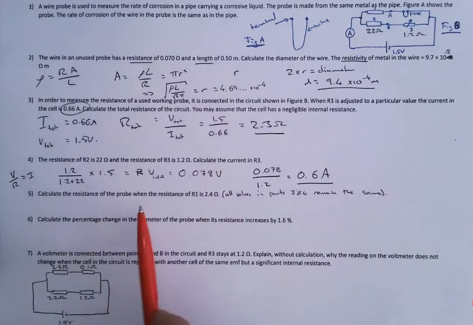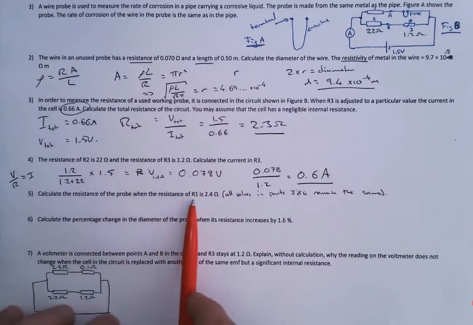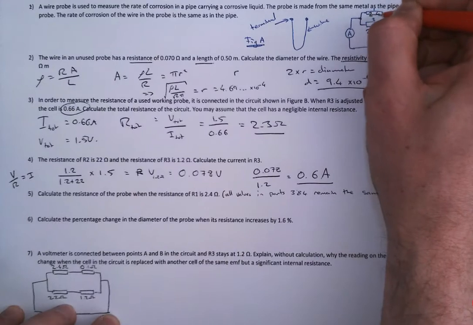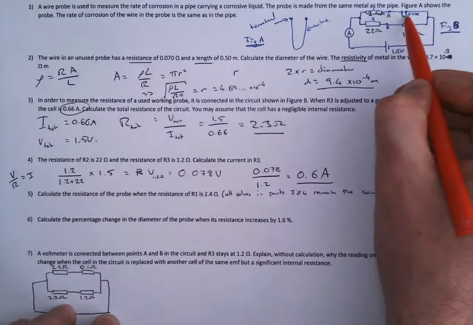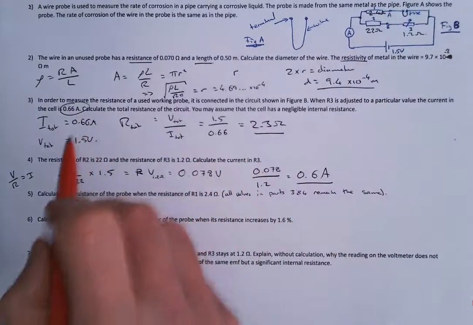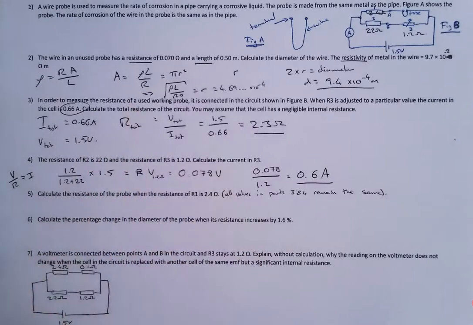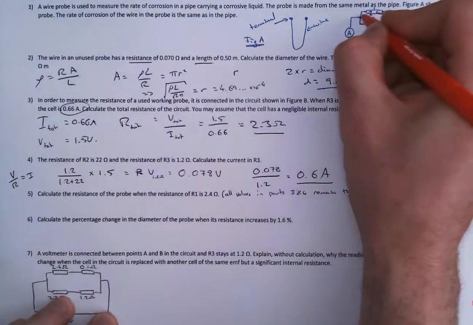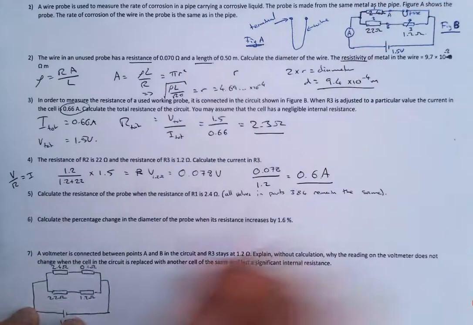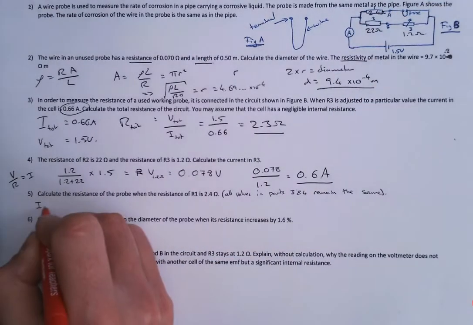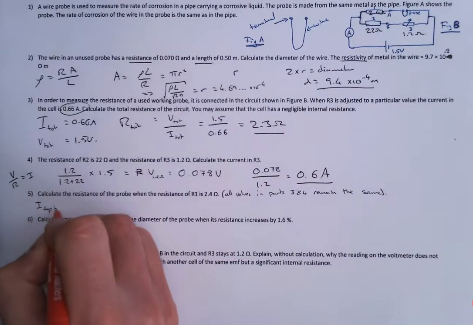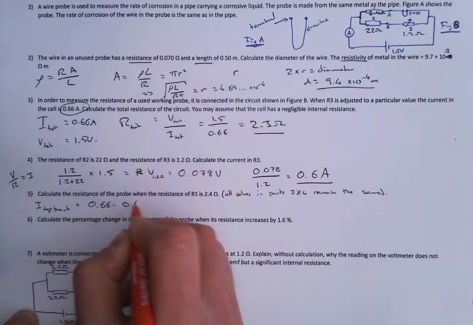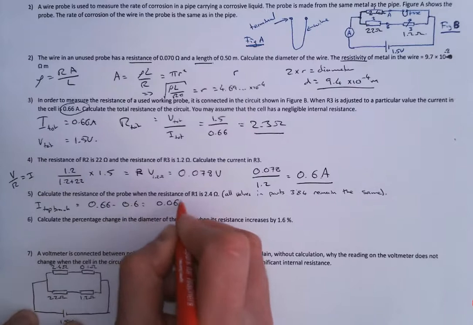Calculate the resistance of the probe when the resistance of R1 is 2.4 ohms. So this one becomes 2.4 ohms. We want the resistance of this probe. So we know that 0.06 amps is going this way, so what current is going through the top branch? Well, obviously the current in the top branch is 0.66 minus 0.06, which is 0.6 amps.